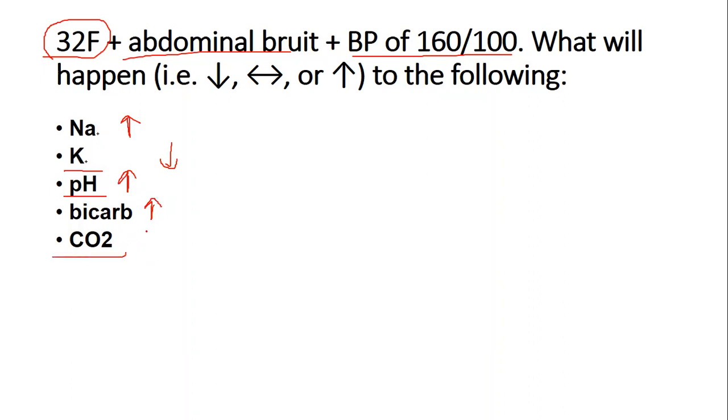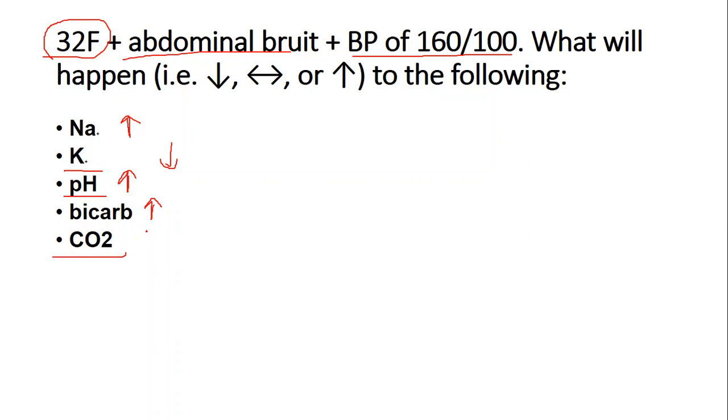Because the body is in a state of alkalosis, right? You are losing the acid, and you are retaining the bicarb. So in order to compensate, there is respiratory compensation by decreasing the respiratory rate.